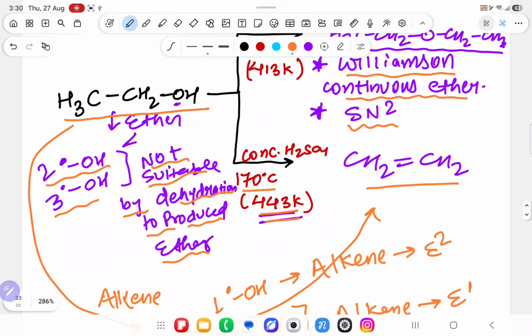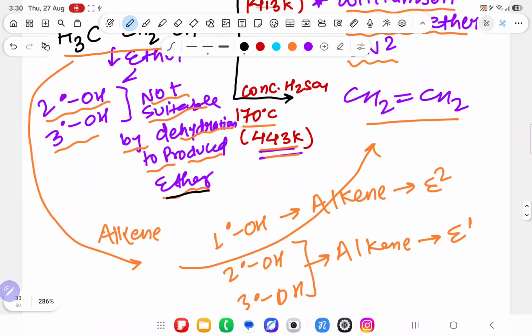If 2 degree and 3 degree alcohol is there, dehydration will not happen to produce ether. But whenever alkene is produced, 1 degree, 2 degree, 3 degree all will form alkene, with 1 degree following the E2 mechanism and 2 degree and 3 degree following the E1 mechanism.